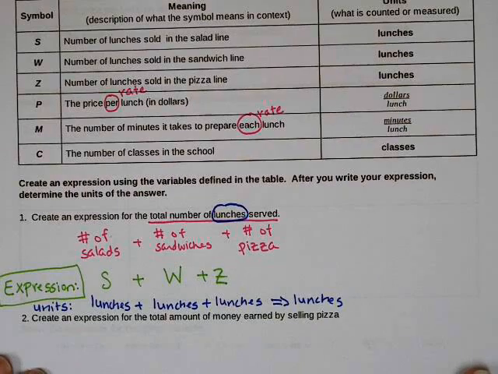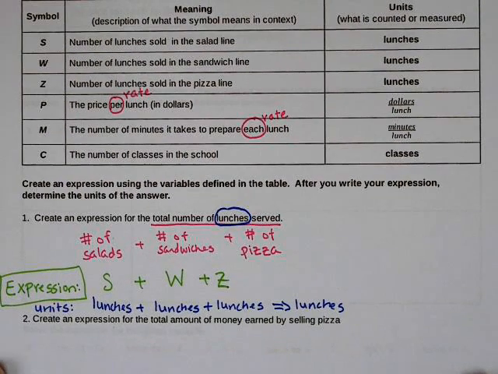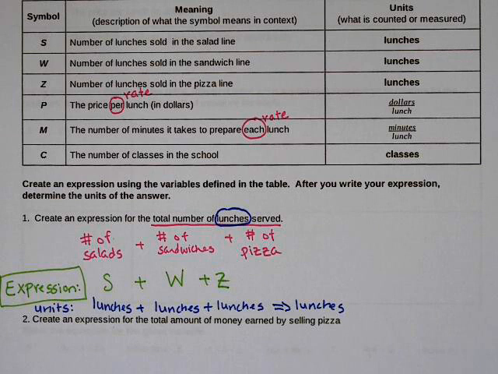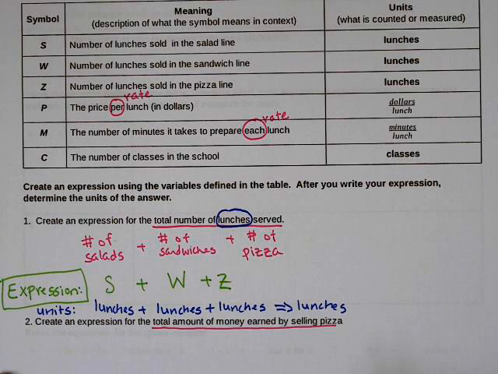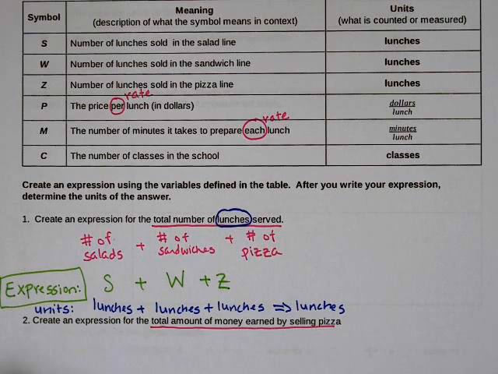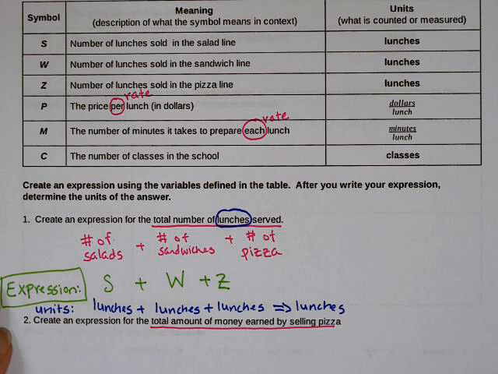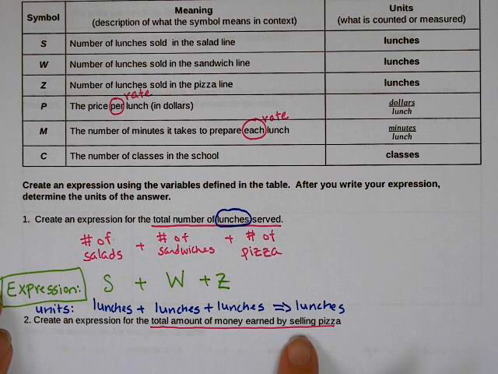Okay? Let's do one more. Create an expression for the total amount of money earned by selling pizzas. So total amount of money earned by selling pizzas. We need to think about the things that we would need in order to figure this out. To figure out how much money I earned, I'm going to definitely need to know the price, right?